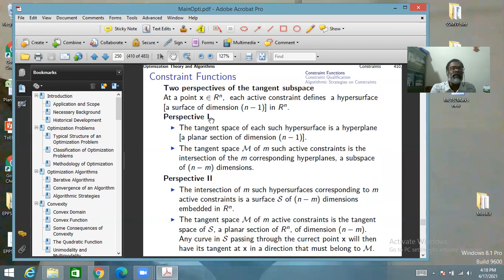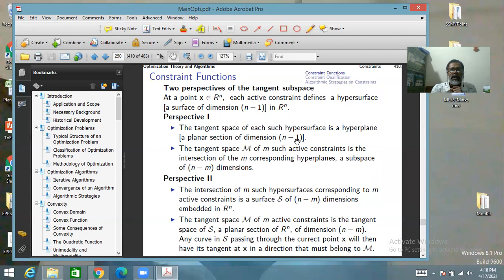So in one perspective, you can look at the tangent subspace as this. For each such hypersurface defined by one constraint, you get a tangent space, which is a hyperplane, a planar section through the point X in the Euclidean space, of dimension n minus 1.